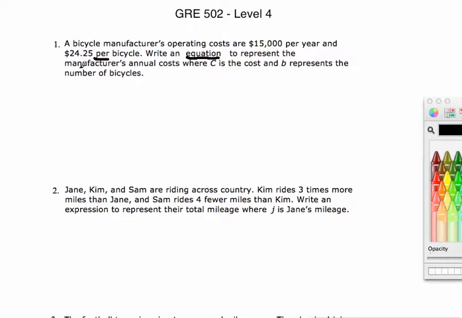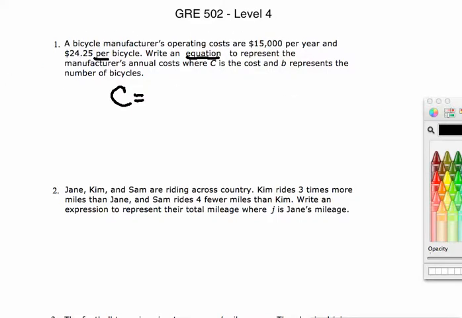So when it says to represent the manufacturer's annual costs, that means that C is going to be on one side of the equal sign and the rest of the equation is going to be on the other side of the equal sign. Now we need to think about the components of the cost.